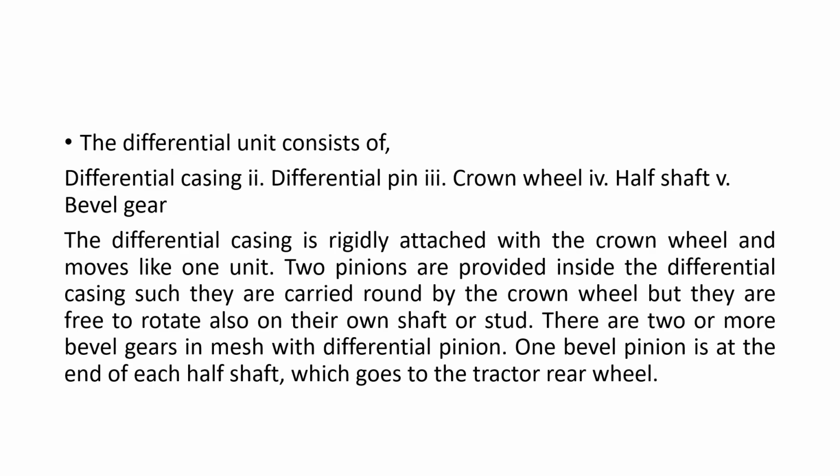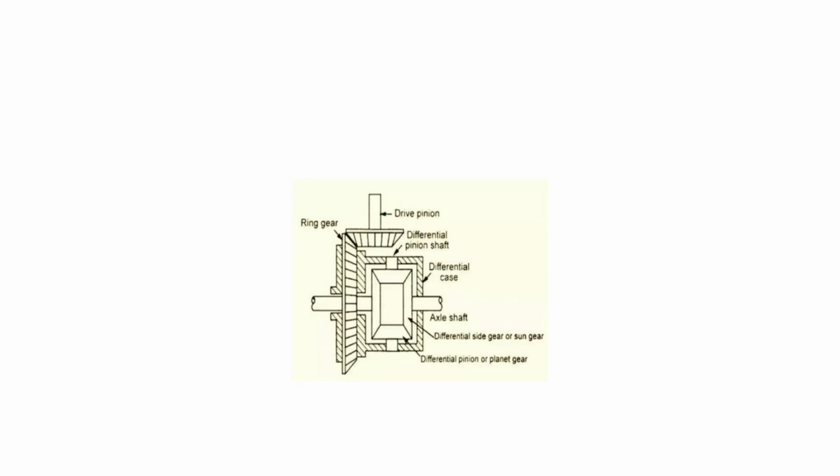Okay, so you have to check whether there are two or more bevel gears also. One bevel gear will be at the end of the half shaft, which goes to the tractor rear wheel. This is the arrangement of your gear system.